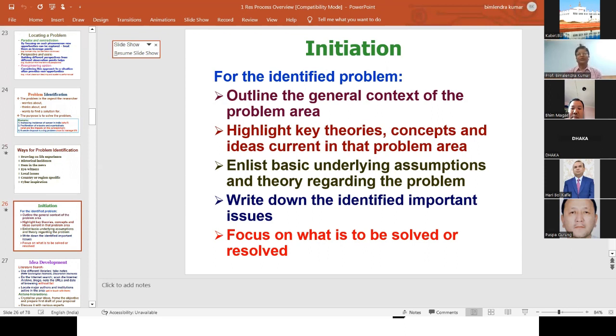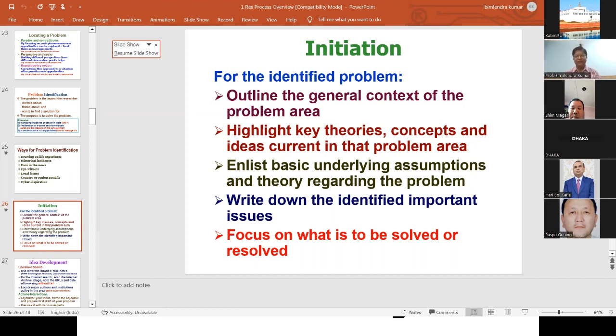First, we have to ask why there is stress, why there are people who are not happy, having universal brotherhood in the society, why the conflict, why the behaviors are changing, what are the main problems. So this is the general context of the problems of the society through which we can make an outline of those problems. Then highlight the key theories, concepts, and ideas current in the problem area.